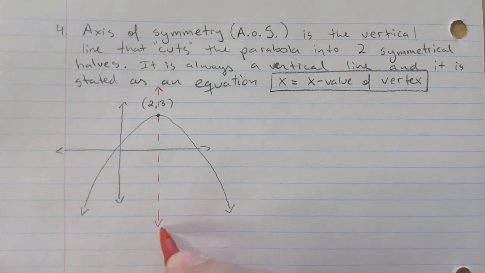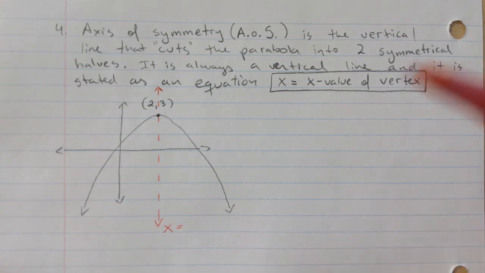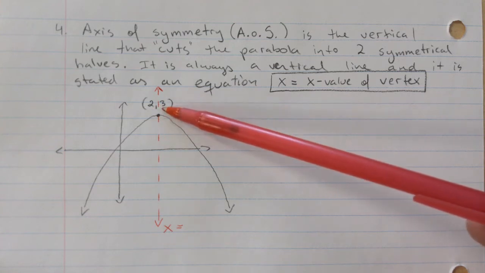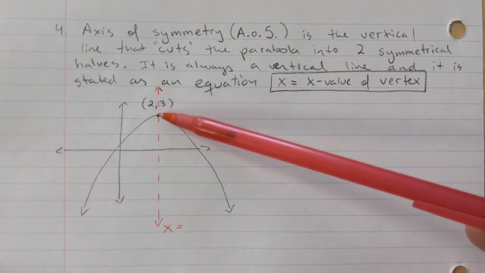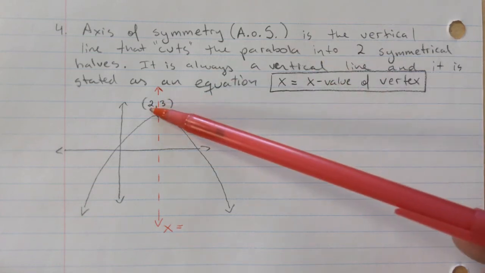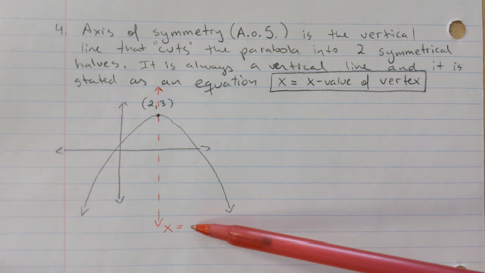And the equation of that line would be x is equal to, what's the x value of the vertex? Because this is the vertex up here, right? The coordinates of the vertex is given by 2, 3, correct? So the x value of the vertex would be 2. That's what you put down here.